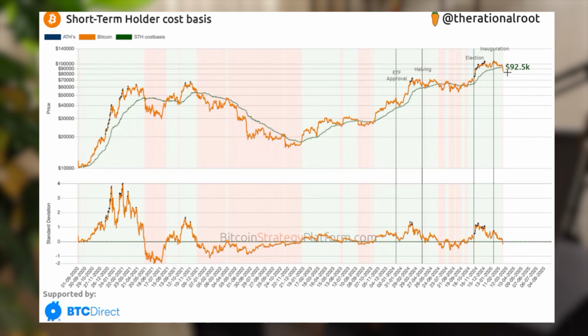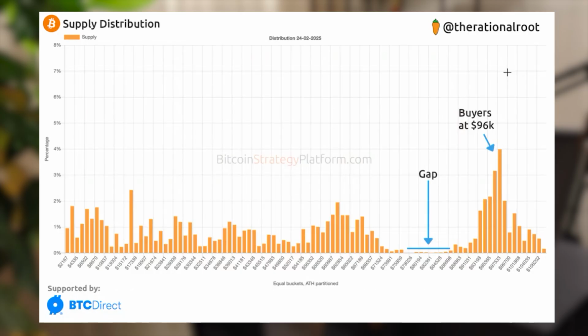Now, why are we in the red zone? Well, I blame it on the fact that we went really fast from the 70K zone to the 100K zone, and we skipped a whole phase. So here we look at the supply distribution of Bitcoin. To explain the chart, all of the supply of Bitcoin, the 19.7 million Bitcoin in circulation, is spread among these price levels, and each bucket represents a certain price level.